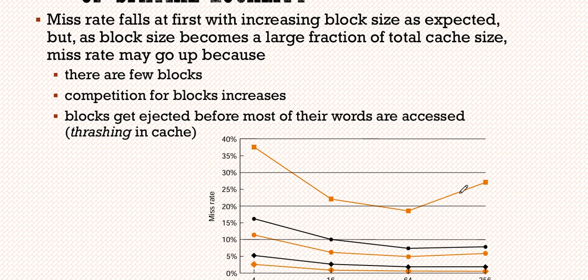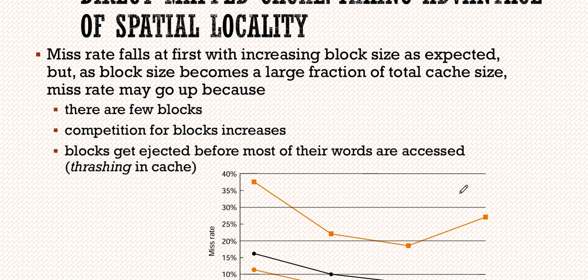At a point, it will start rising again because a significant part of your cache will be taken up by very large blocks. And when you have very large blocks, the possibility of contention increases, because yes, it's true that memory is spatial, but at a point in time, it's not really spatial.